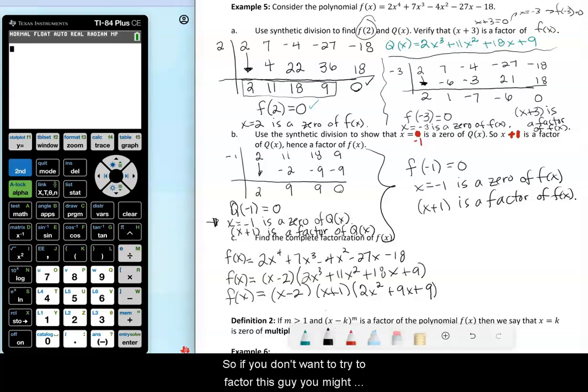Now we're going to complete the factorization. So if you don't want to try to factor this guy, you might want to use the quadratic formula. If we use the quadratic formula, what we're going to do is find what x equals and then put it back into the factorization as parentheses by changing the signs of the x's. Let's say I had 2x squared plus 9x plus 9 equal to 0.